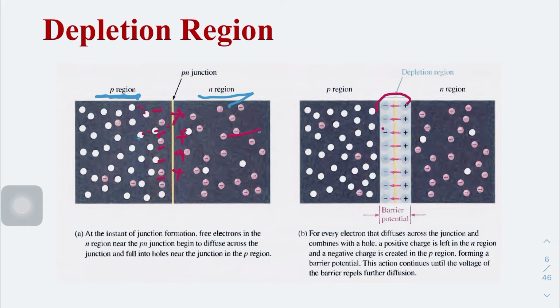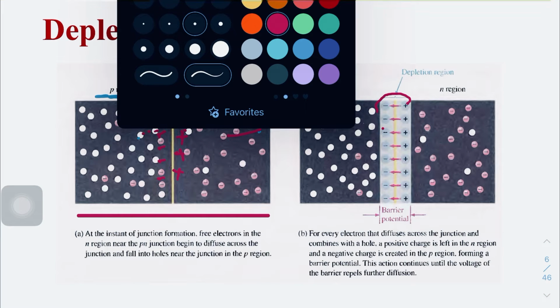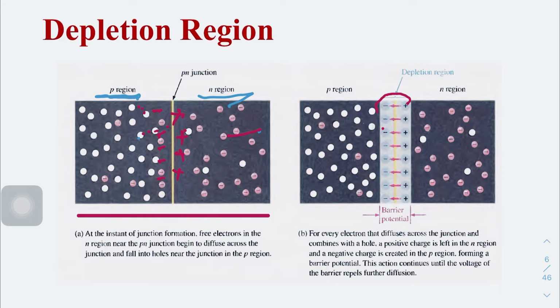Therefore, we see that we have two situations: first, a p-n junction at the first moment before the formation of the depletion layer, and second, a p-n junction after the formation of the depletion layer.